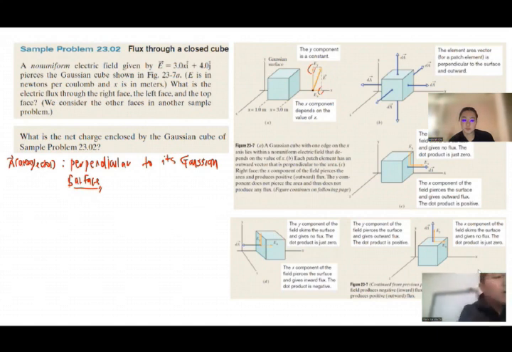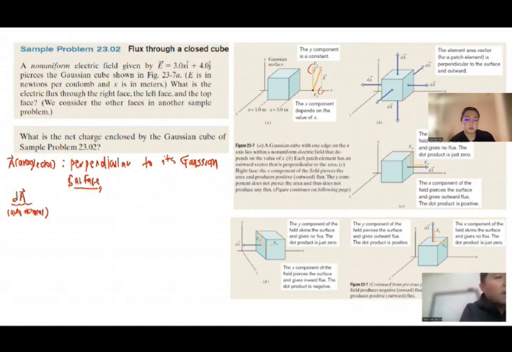So if you look at a small area segment on that face, that area segment can be defined by dA, the area element, which is a small fraction of this face of the Gaussian surface.